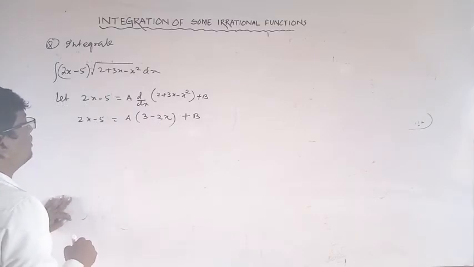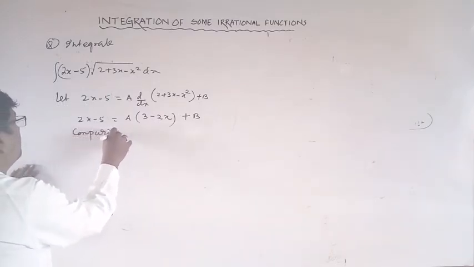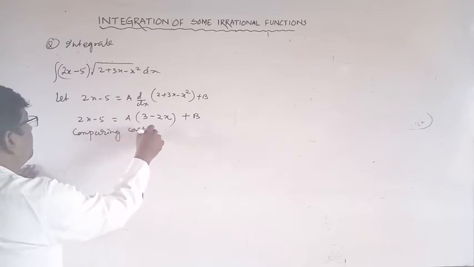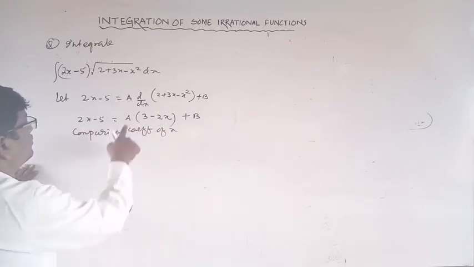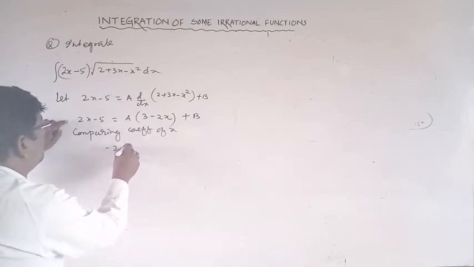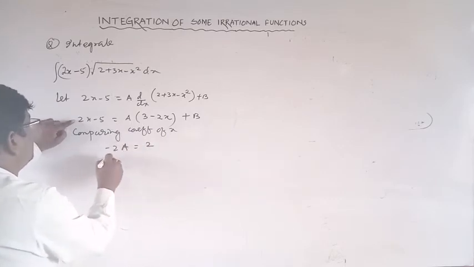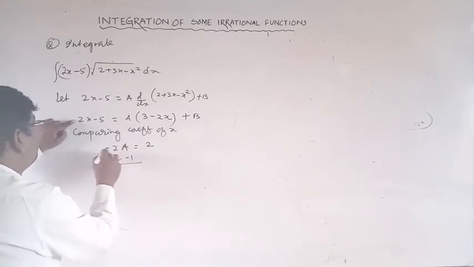Now comparing coefficient of x. So this is minus 2a, and this is 2. So a is equal to minus 1.